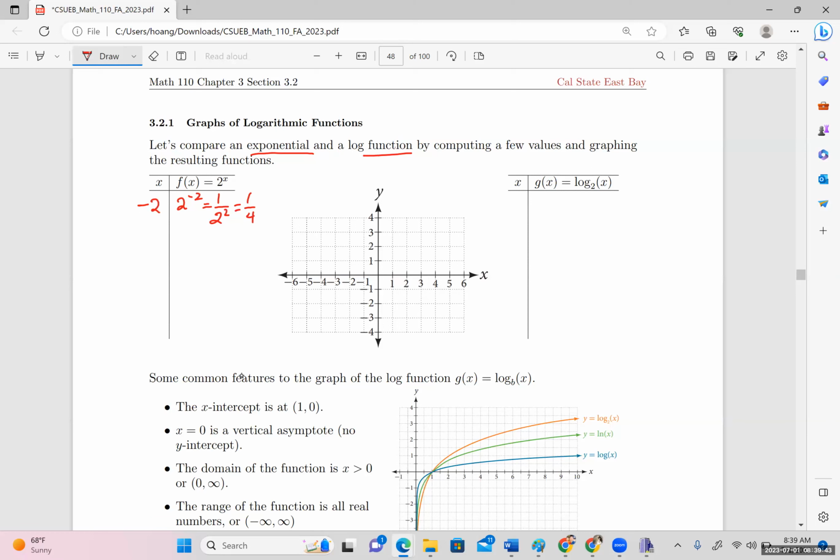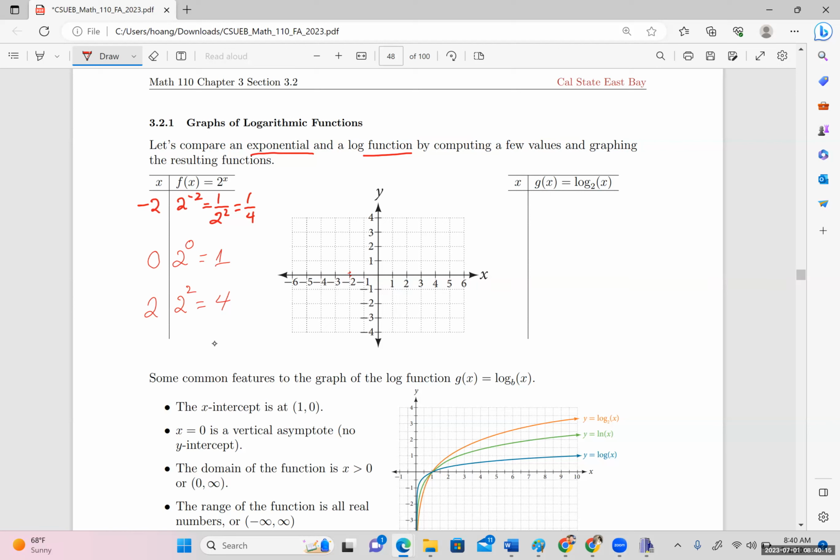And then for the next x, I end up with 0, and 2 to the power 0 is 1. And the next x I have is 2, and 2 raised to 2 makes 4. So if I have -2 here, I will have 1/4, which is really close to 0.